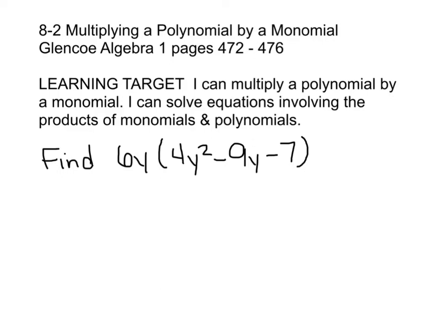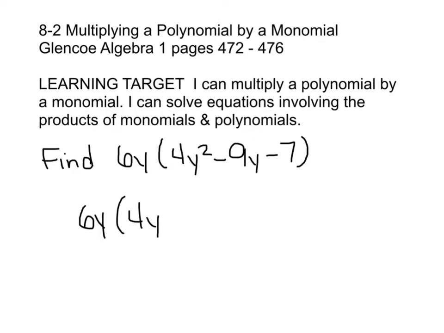We're going to start out with a problem that hopefully will refresh your memory on distributive property and your exponent rules that you learned recently, and distributive property, which you learned a long time ago. First off, we're going to take this 6y and distribute it to each term within parentheses.